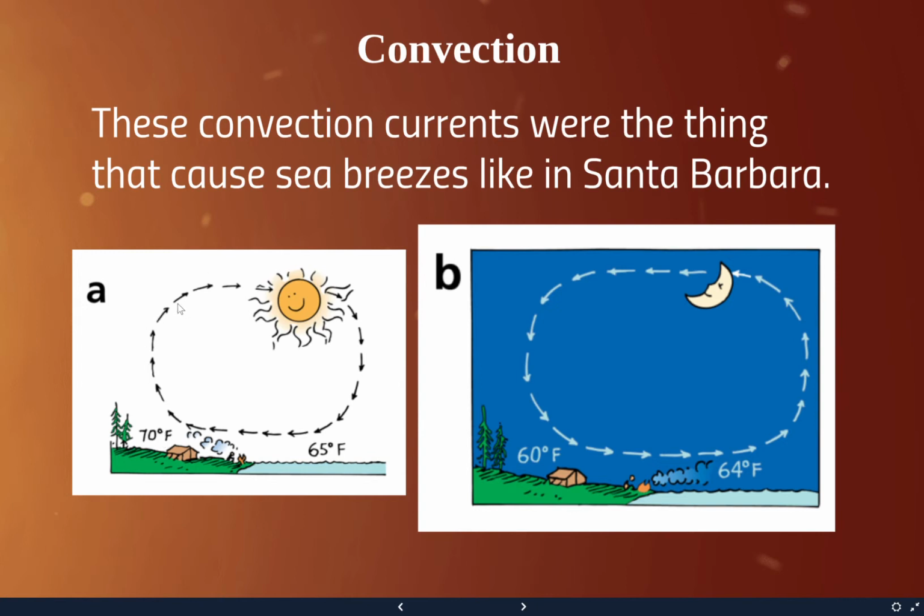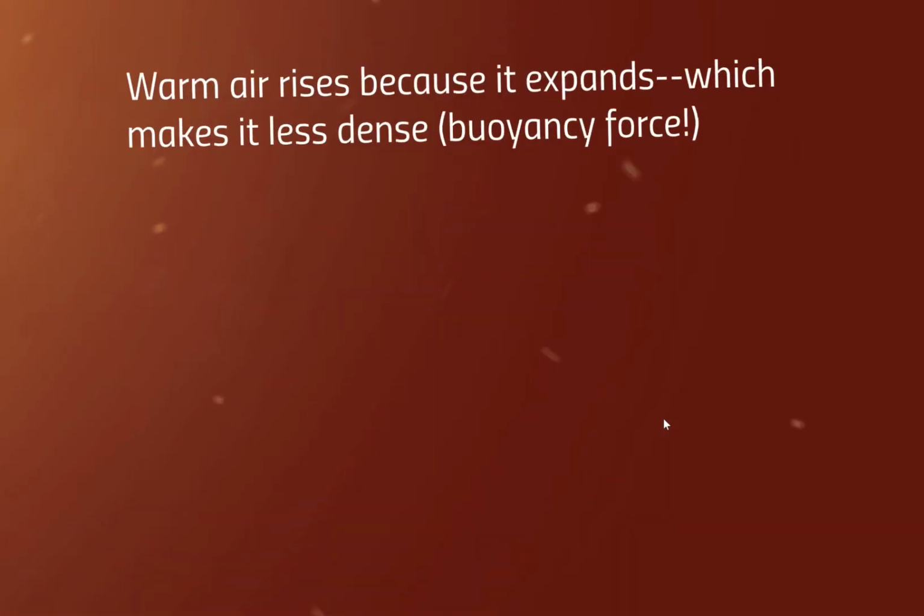And then this air that already rose up will be cooling off again, and it'll drop down over the ocean, and the cycle repeats. But in the nighttime, the air over the water is warmer, so it rises. The air over the land cools, sweeps in to fill its place, and as the air circulates up, cools over, it'll come back down and fill up, and you get these currents. That's convection currents right there. It's responsible for those sea breezes that we talked about earlier.